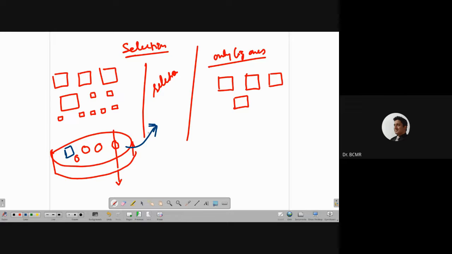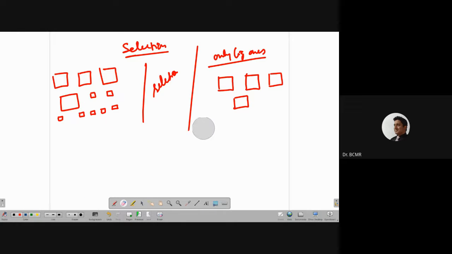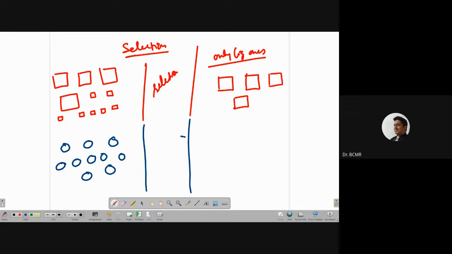That is selection. The same thing applies in biology. Say, for example, you had several bacteria. You have many bacterial cells, and you want to select the ones that are resistant to ampicillin. Then you would plate them all on agar plates containing ampicillin.